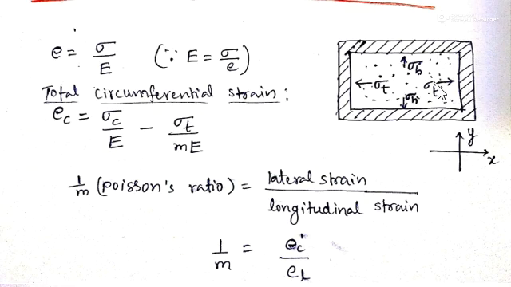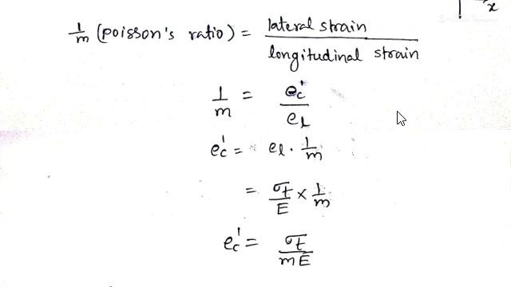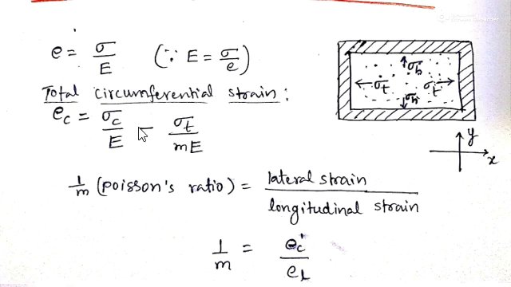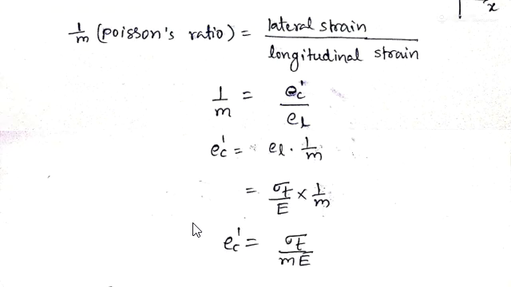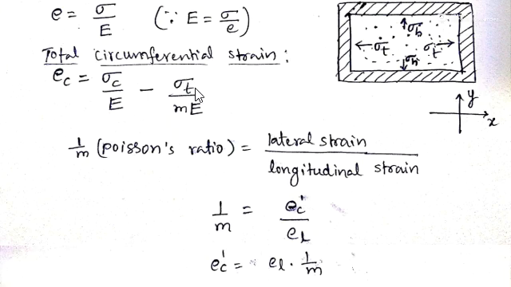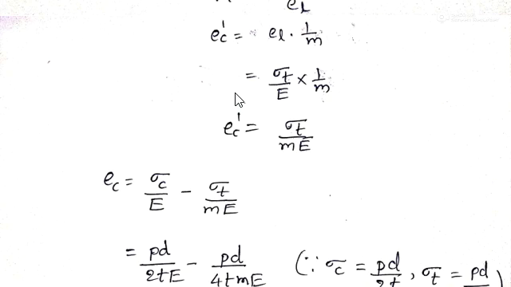We can observe that this is a negative strain, meaning the stress in the length direction, the longitudinal stress, will produce negative strain in the diameter direction. So this has to be removed from the earlier term. We write minus sigma t by mE, removing this strain from the other strain to get the actual total circumferential strain.